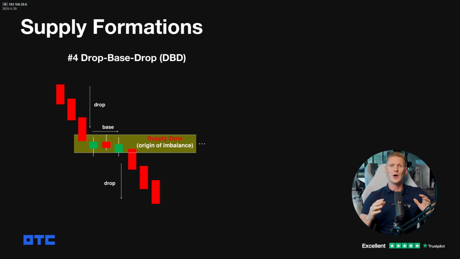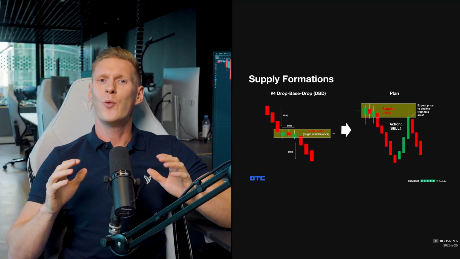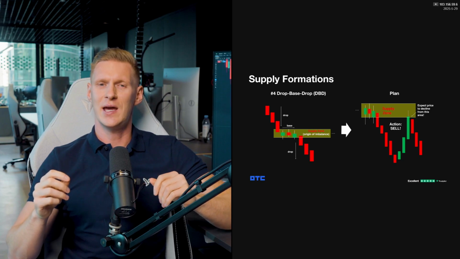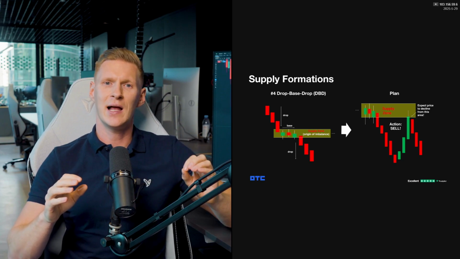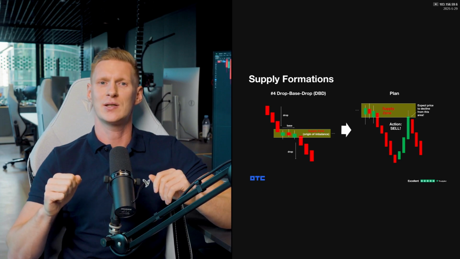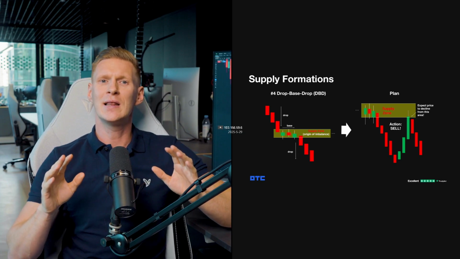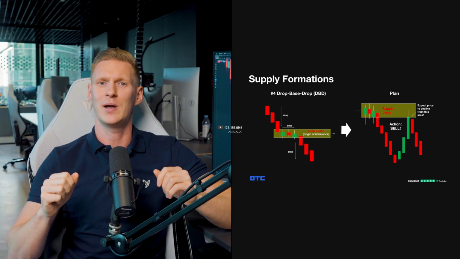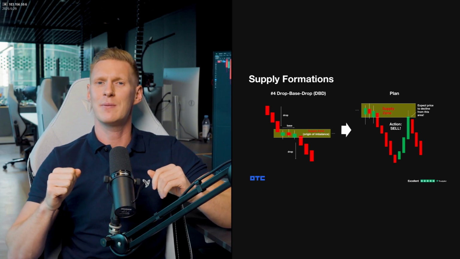Finally, we have the drop-based drop formation. After spotting the supply zone, we highlight the origin, draw two lines around it, and extend them forward. When price returns to this area, our plan is to sell at the base of the formation. Let's move on to a real-life example of supply formation to see how this works in practice.